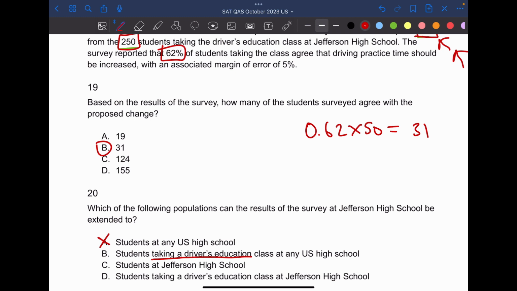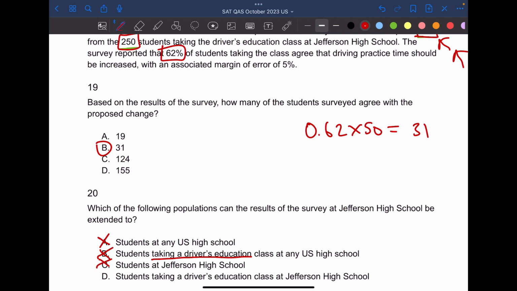They might not have the same experience levels or think the same way, or more generally, the location is different, because driving in New York is definitely different than driving in Maine or some random city that no one has ever heard of. So B is wrong. For C, students at Jefferson High School, this is the first problem again, where they're not the same age and people in general are not taking the driver's education test, so this is wrong.